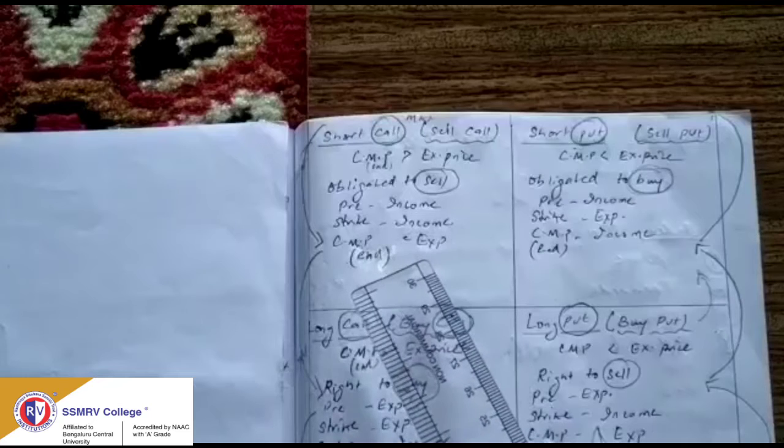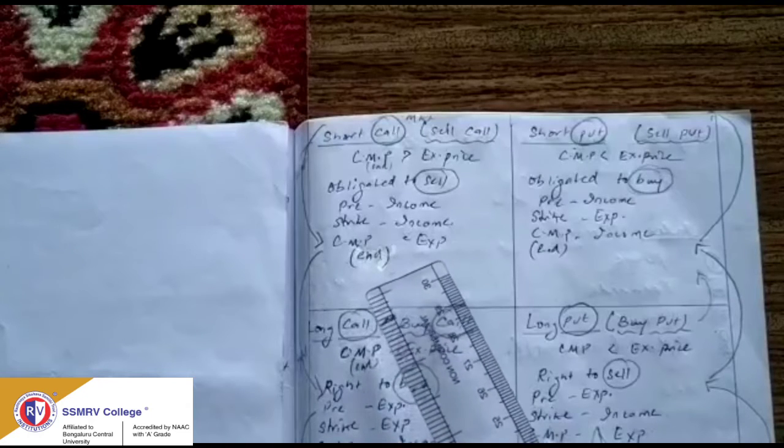All the explanation of why it is an income and why it is an expense I have given in the previous video itself. So based upon this, I'll take the premium and strike as income, whereas the spot price becomes the expense. So as I said, we can fill the current market price.